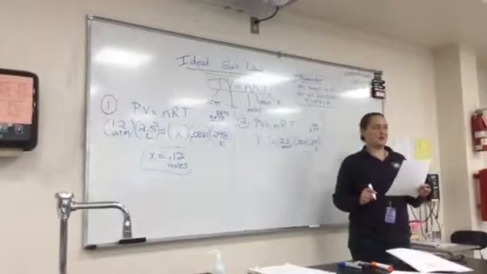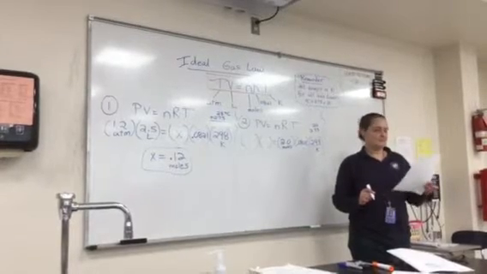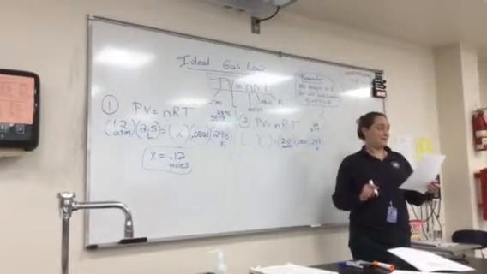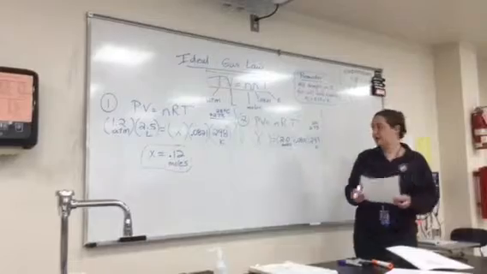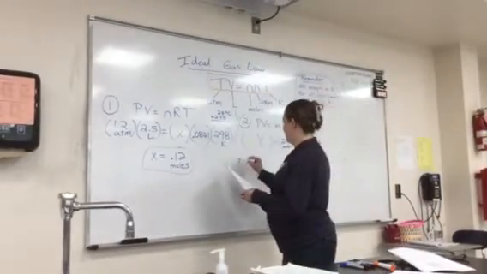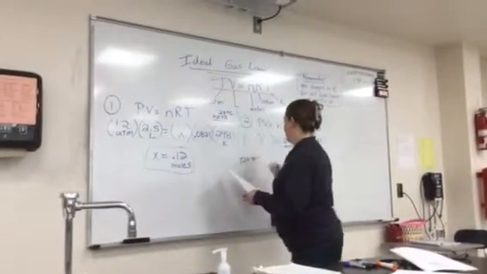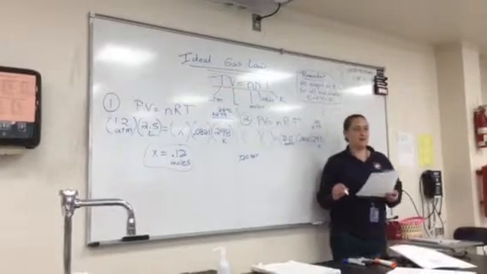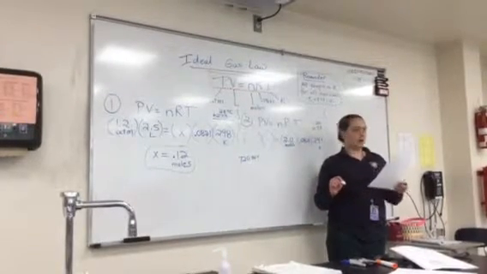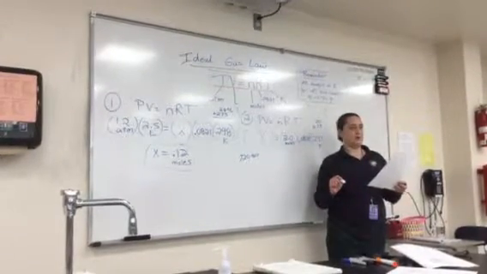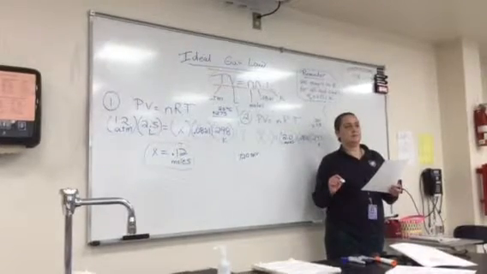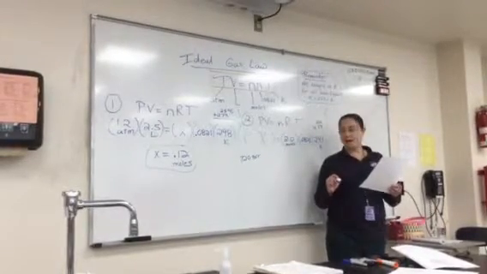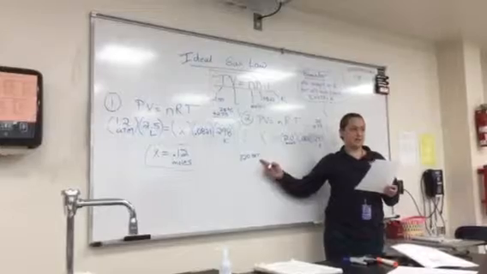Who's got the pressure or the volume? 720. Okay, good. The pressure is 720 torr, except we're not supposed to have that in torr. Jack, what are we supposed to be using for pressure? What unit label? ATM. Good. How do we convert this to ATM?